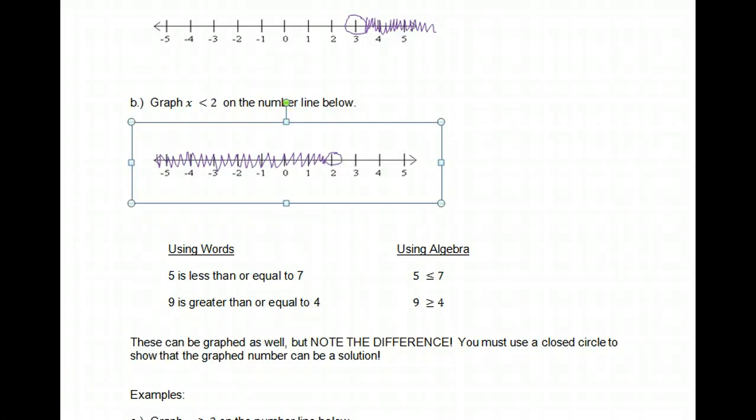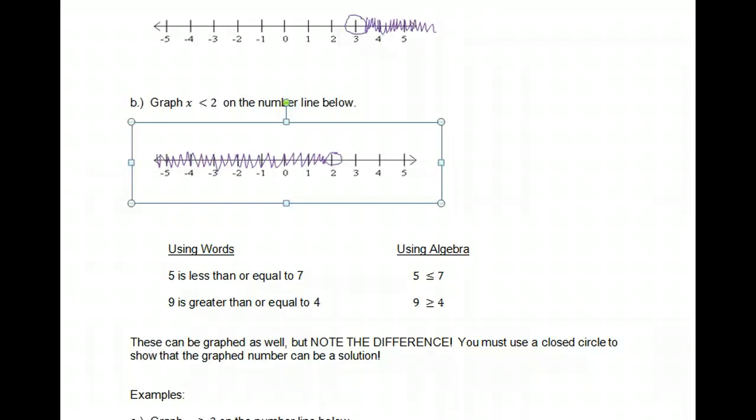Sometimes we will need a value that is not necessarily greater than or smaller than, but it can also be equal to our boundary number. So we need an algebraic or mathematical symbol that will tell us that it's also equal to, or that it can be greater than or less than.